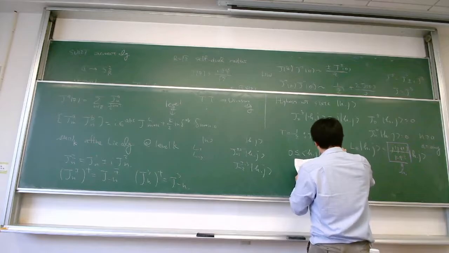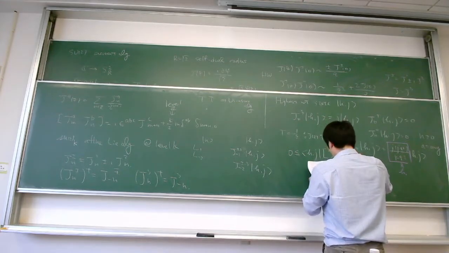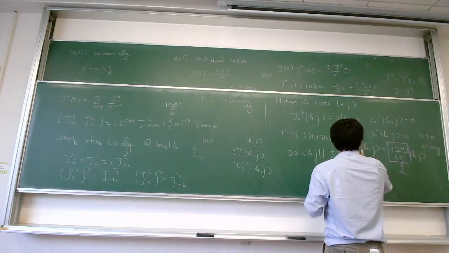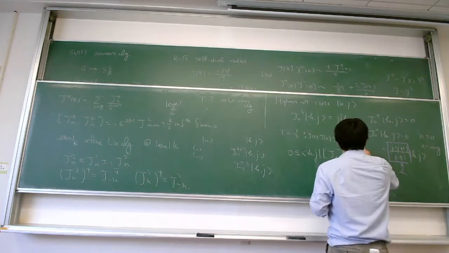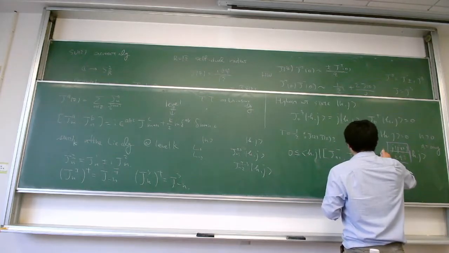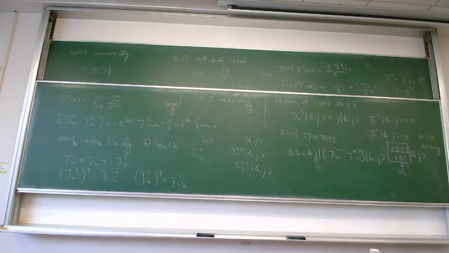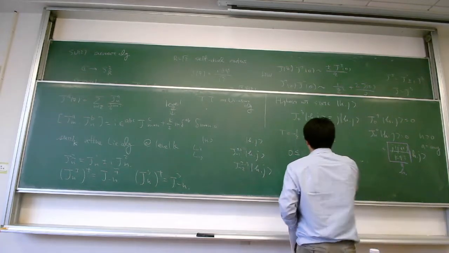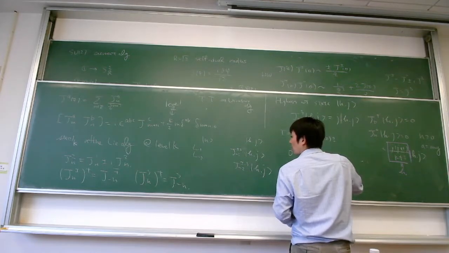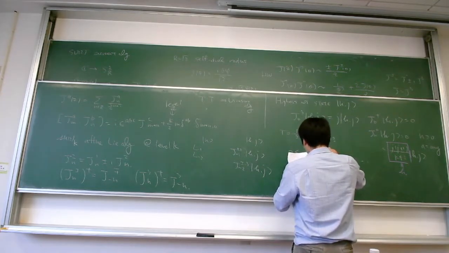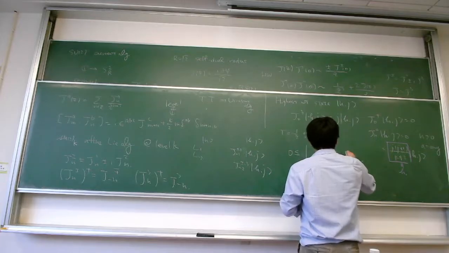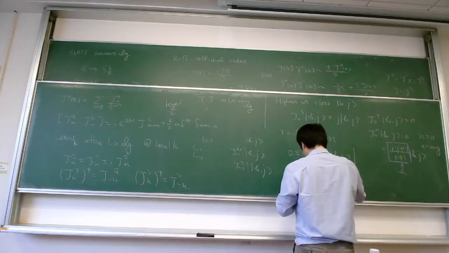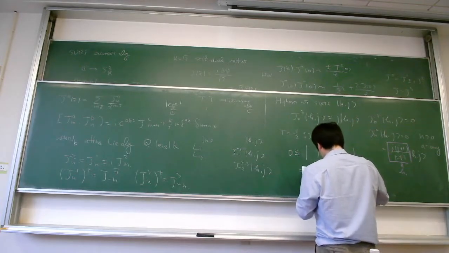So j minus 1 and j plus minus 1. Let me erase this part. Act on H j. So this is indeed, maybe I should write it down this way. This Hermitian conjugate j minus 1 plus, acting on H j. So this is indeed equal to H j, j plus minus, and the j minus plus.